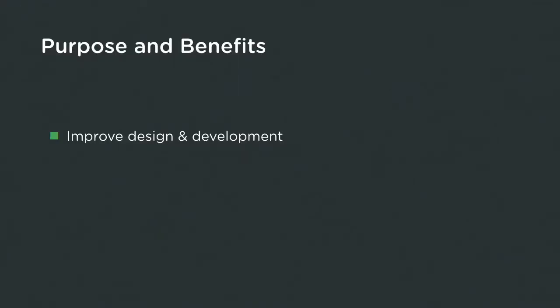So right before you launch is not the only time you should be doing testing. In fact, I think you shouldn't be doing testing at all then. You should be concentrating on the launch. That's why you should have it spread out throughout the design and development process from the very beginning. By doing testing throughout that process, you will improve the design and you will improve your development process throughout the entire thing. You're going to make things much more efficient.